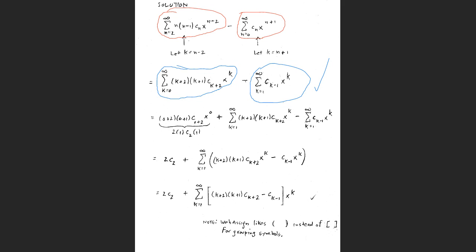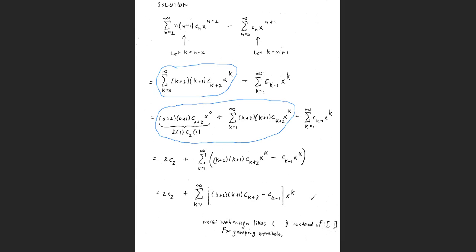So what I'm going to do is take my first power series and write it as the first term of the power series plus the rest of the power series. So the first term is when we put in k equals 0, and that's what I've done here.